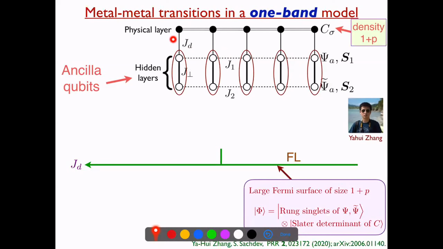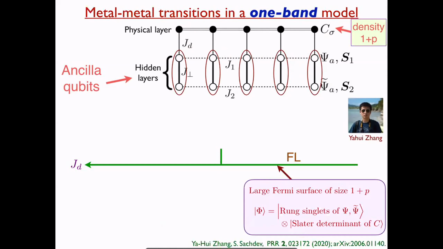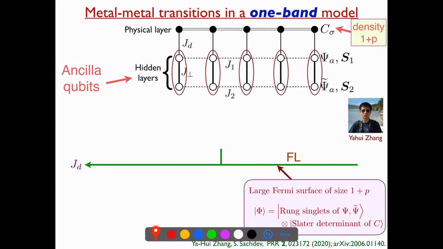So then our wave function, which is shown down here, has rung singlets of psi tilde. These are the singlets I showed you over here. And then just an ordinary Slater determinant of the mobile electrons. So this will have density 1 plus p, because the density of the mobile electrons is 1 plus p. Okay, so that's the Fermi liquid phase, no big deal.